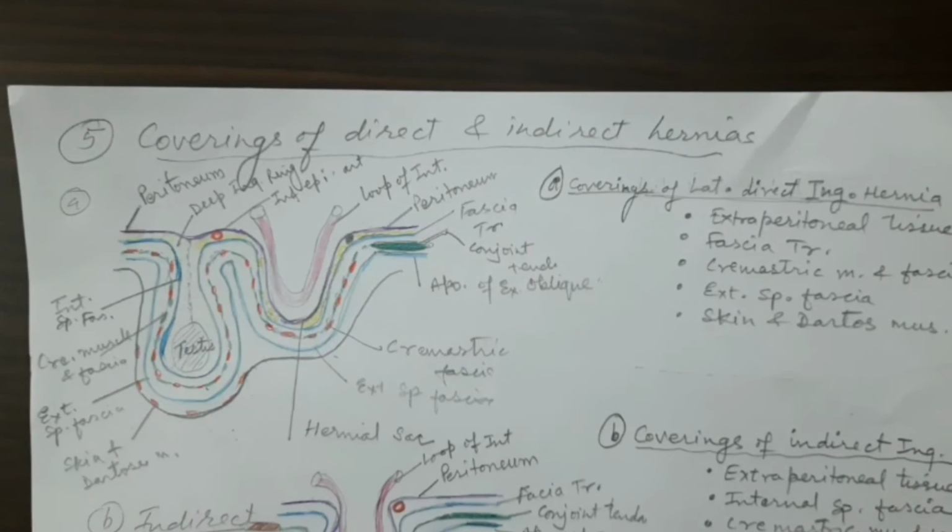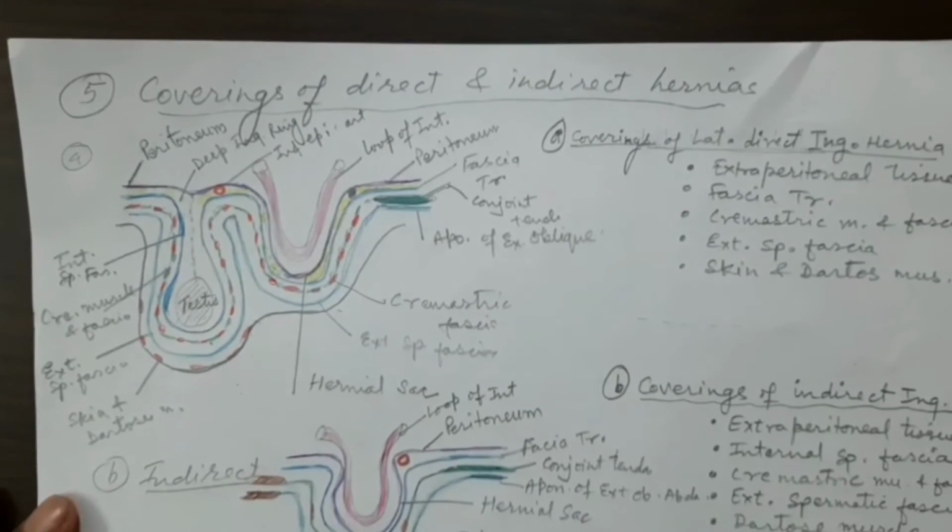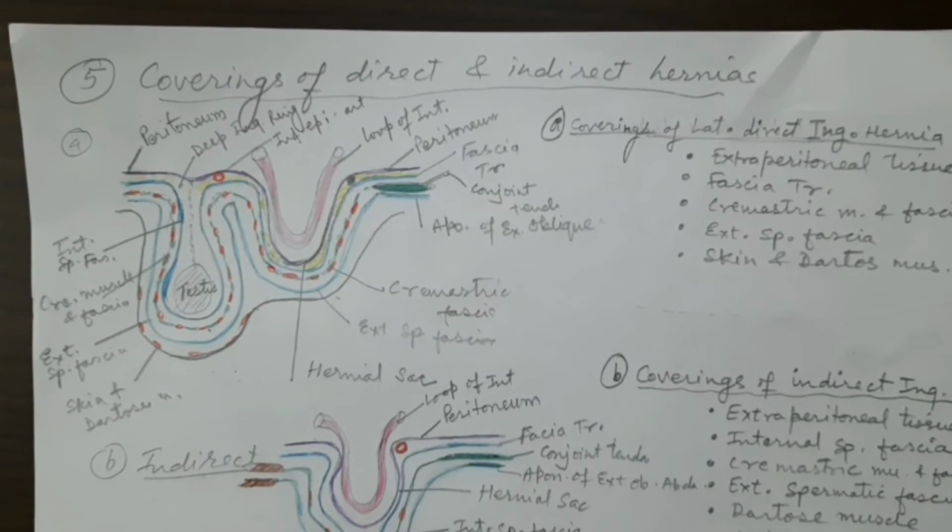That is easy to remember: the indirect inguinal hernia, which comes through the inguinal canal and deep inguinal ring, will carry all the coverings that the testis and spermatic cord carry.